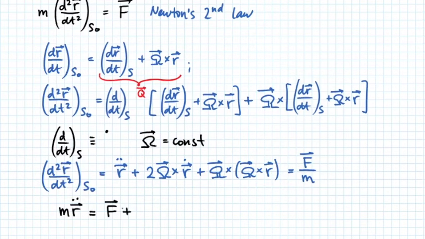In order to absorb the minus sign, we will switch the order of the cross product. We'll have 2m velocity r dot cross omega plus mass, and then vector omega cross r cross omega.